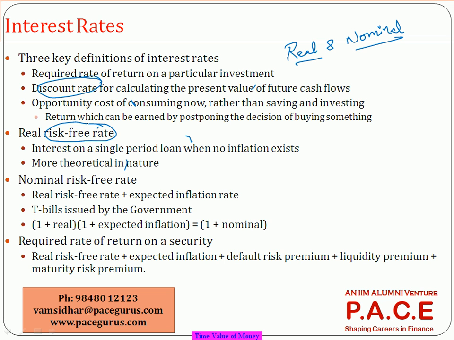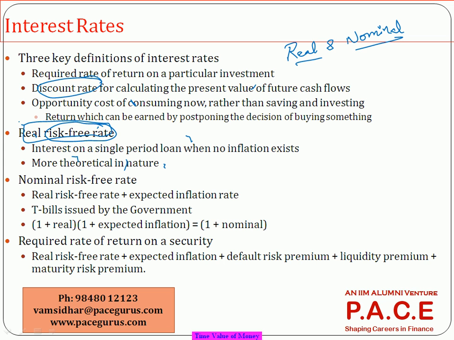So real is always virtual. The real risk-free rate of return is a virtual kind of concept. It is nothing but the interest rate they would give in case of zero inflation: a country which does not have any inflation, whatever interest rate I get on a completely risk-free kind of security. When we use risk in finance terms, there is no chance of losing.